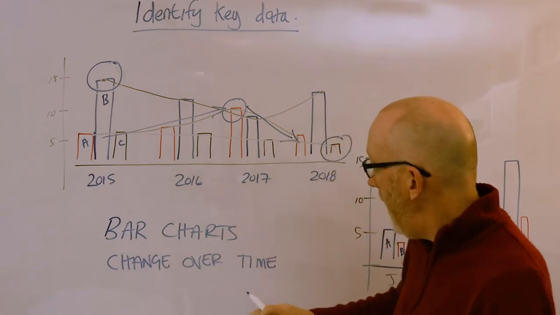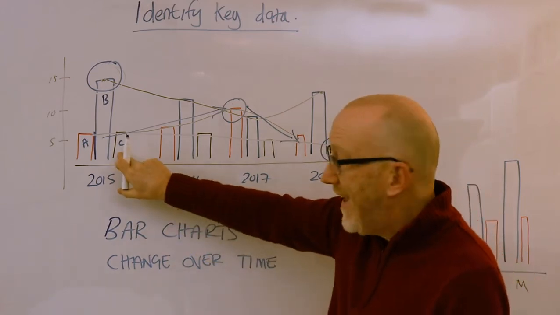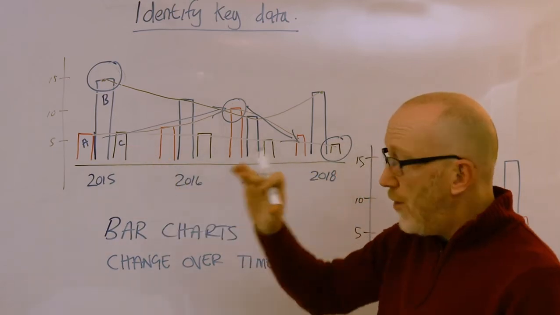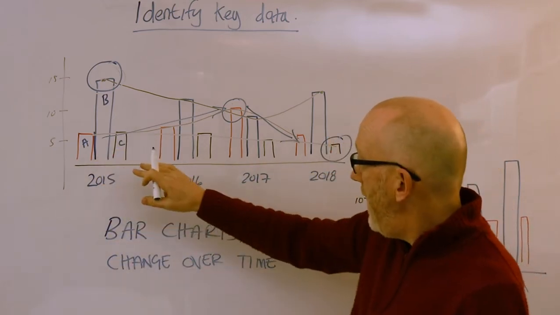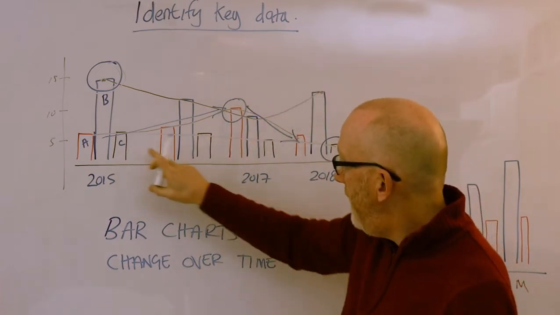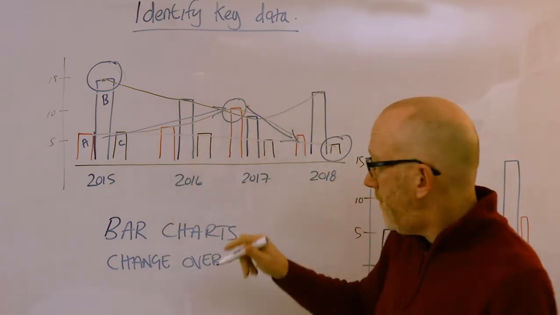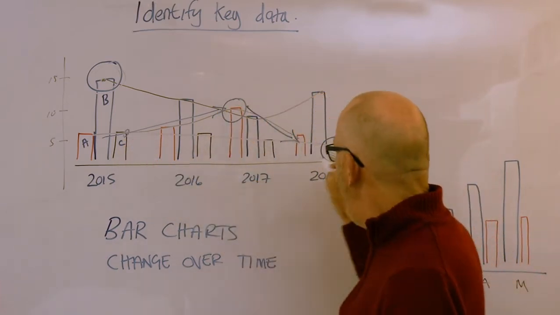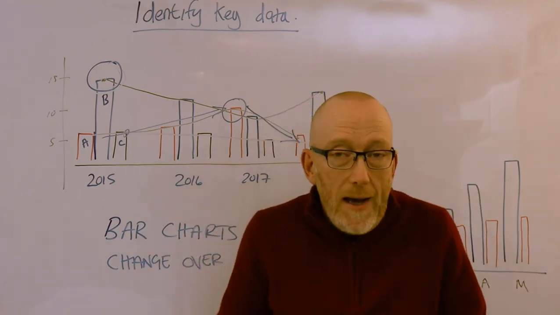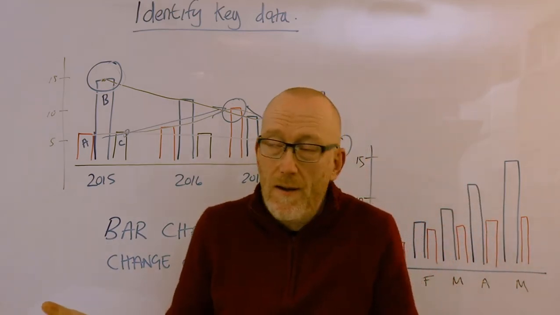Another interesting thing is that category C does almost the exact opposite of A and B. A and B tend to increase, whereas C decreases. It starts here and finishes here, which is definitely decreasing. So that could be key data or important data.